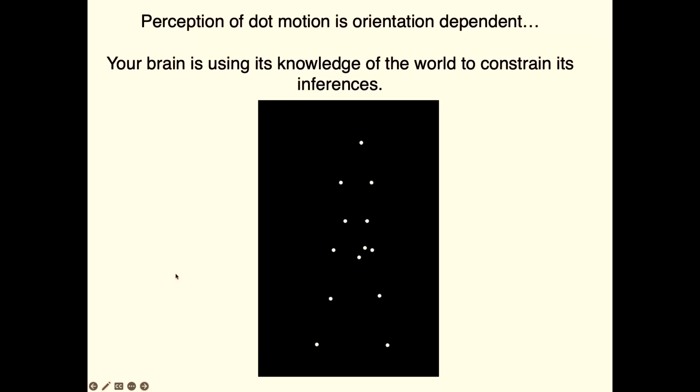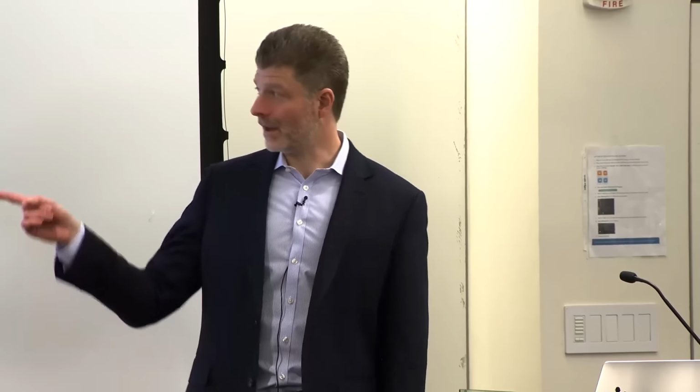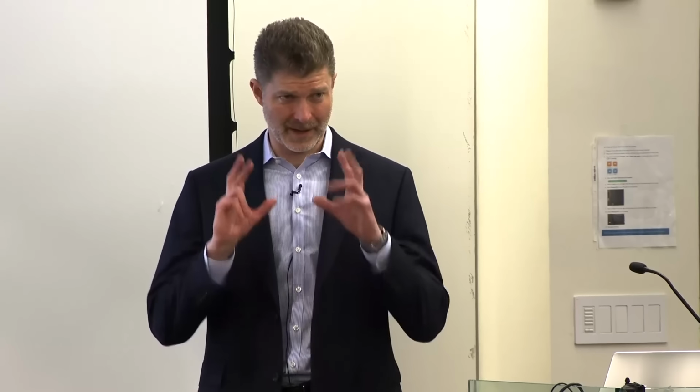But now what I'm going to do is show you the same thing flipped upside down. When you see it in this orientation, it becomes quite obvious that this is a person walking. In fact, this stimulus is an example of a very famous type of stimulus known as a point light walker. Originally, the way they would generate something like this is by putting little lights on the joints of a person, putting them in a dark room, and then filming them.